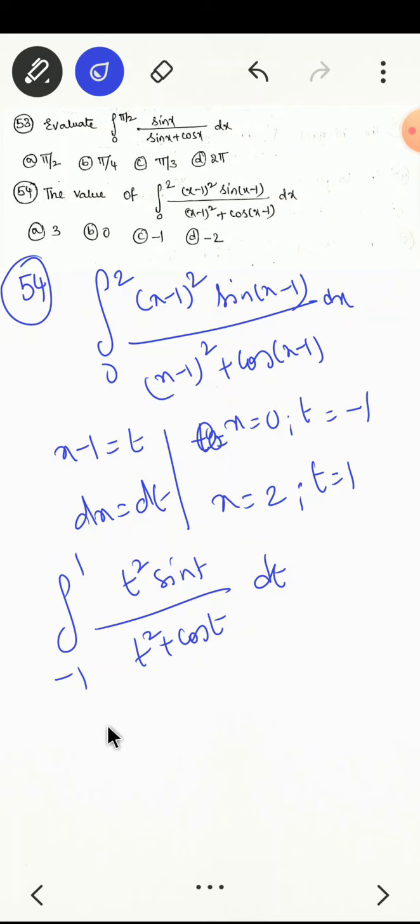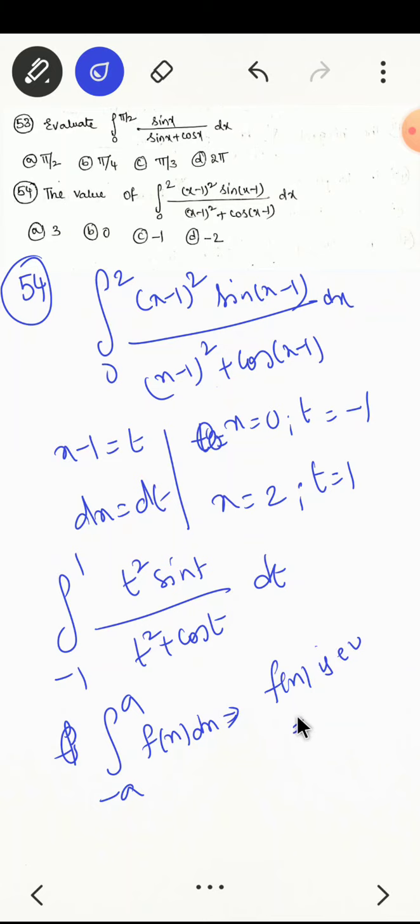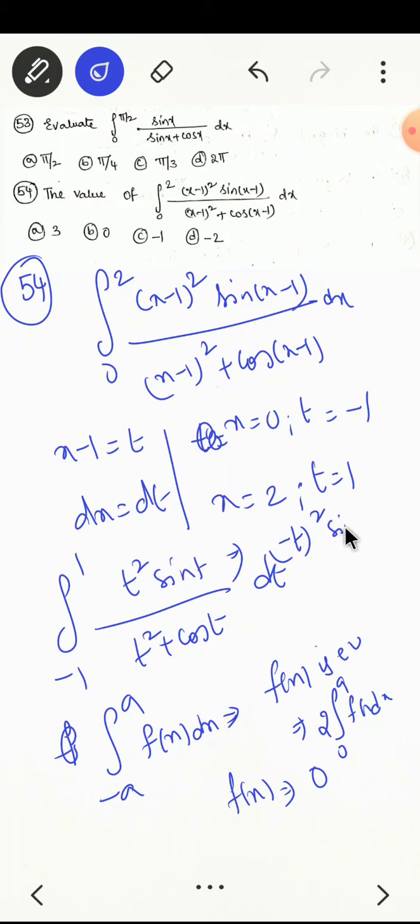Okay. If the integral is varying from minus a to a of f of x dx, and if f of x is even, then we can write it as 2 into integral 0 to a f of x dx. But if it is odd, then we can write the integral as 0 directly. First check whether it is odd or not. If I substitute minus t in place of t: minus t whole square sin of minus t divided by minus t whole square plus cos of minus t.